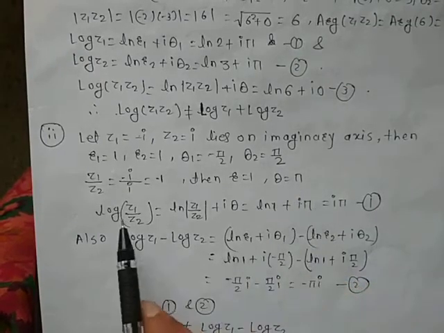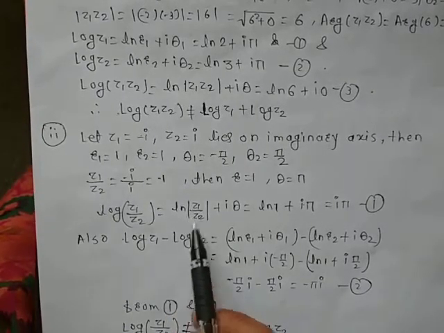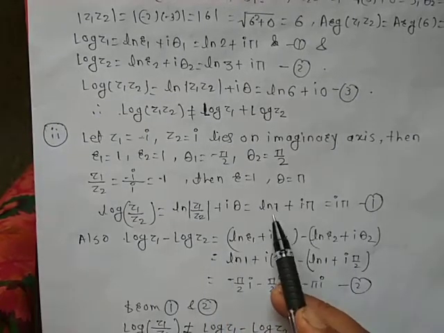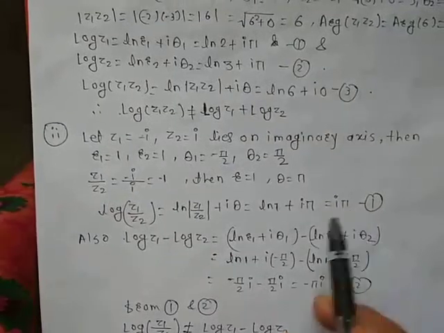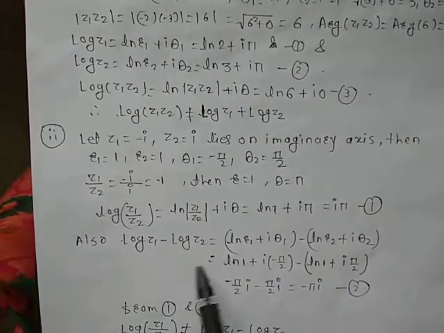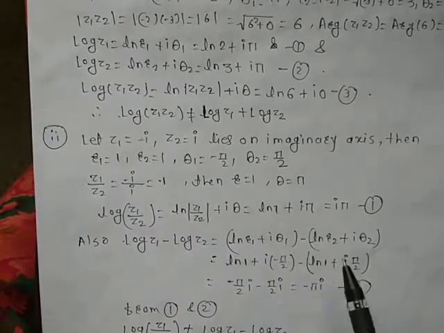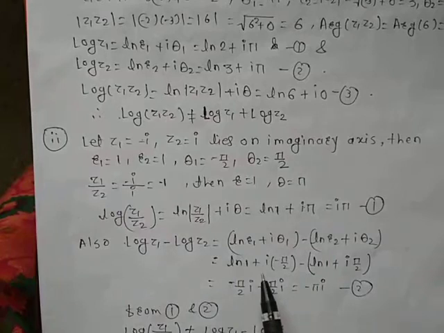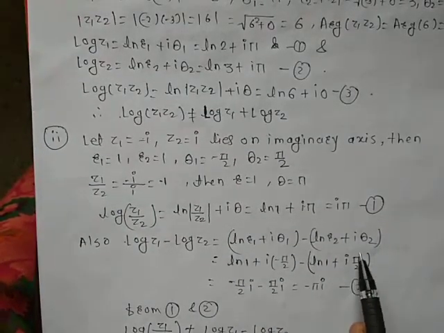So log of z1 upon z2 is equal to ln modulus of z1 upon z2 plus i into theta, which is ln 1 plus i into pi, which is equal to i pi. Log of z1 minus log of z2 is equal to ln r1 plus i into theta1 minus ln r2 plus i into theta2, which is ln 1 plus i into minus pi by 2 minus ln 1 plus i pi by 2.